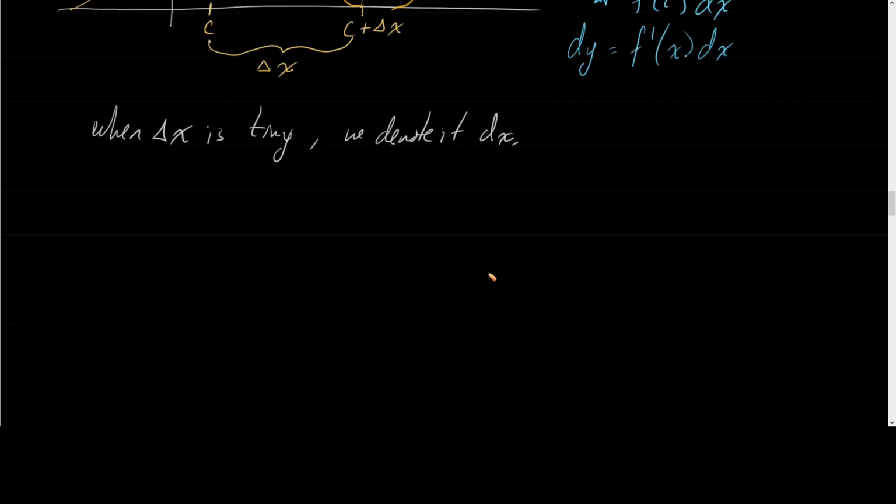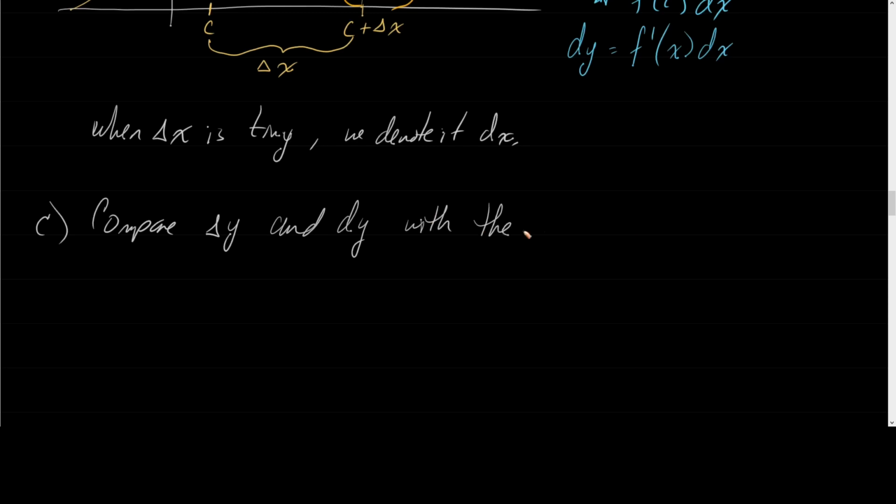So now, let's see how this can be helpful. Example C. If I have this following function, compare delta y and dy with the information given.